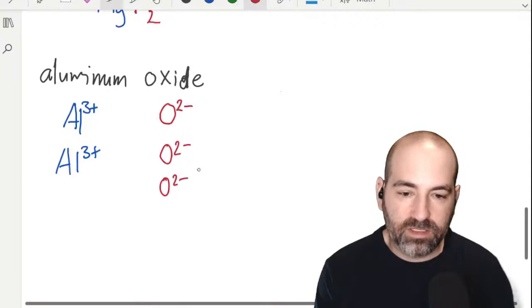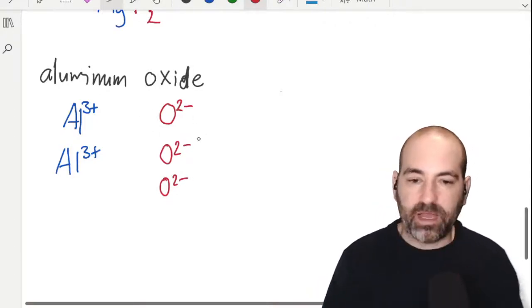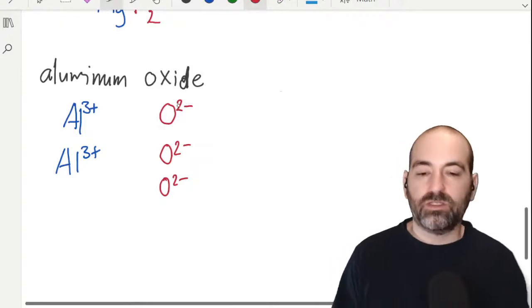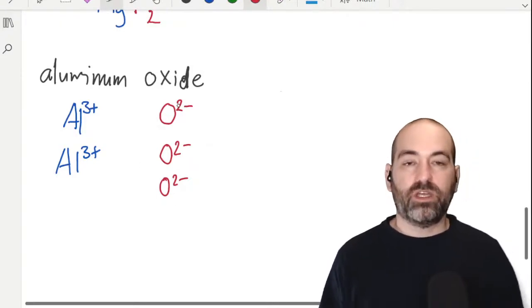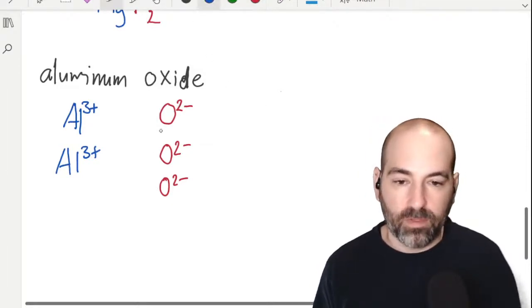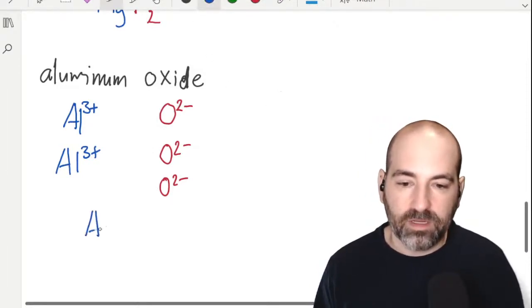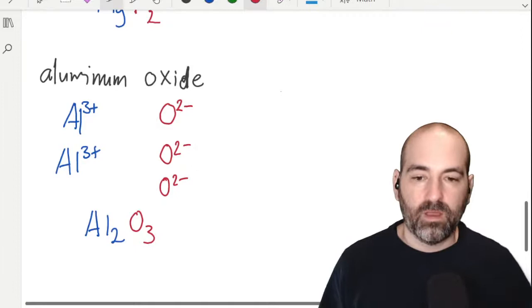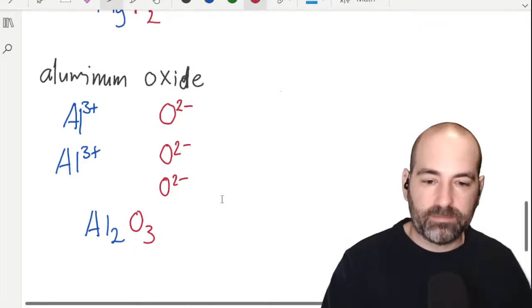And that turns out to be 6, so 6 plus and 6 minus. And we get that when we have 2 aluminums and 3 oxygens or oxides. So you don't always just vary one of the components. You sometimes have to vary the numbers of both of them. And so our final compound here should be Al2O3. And that's the formula of aluminum oxide.